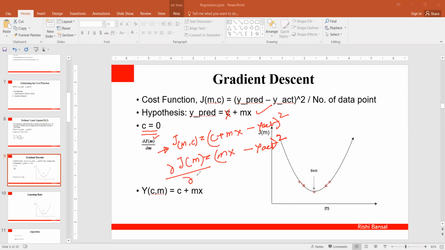Just differentiate with respect to m, because we want the value of m. If you see, this equation is nothing but a parabola. On the right-hand side you can see this parabola, and you need to find the value of m at which this diagram is minimum. This point, basically this m value, you need to find out.